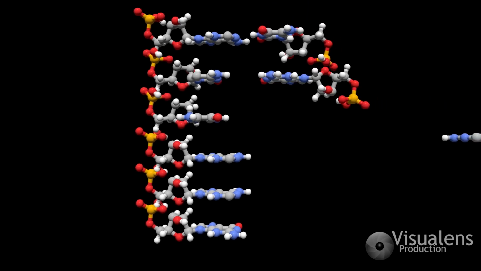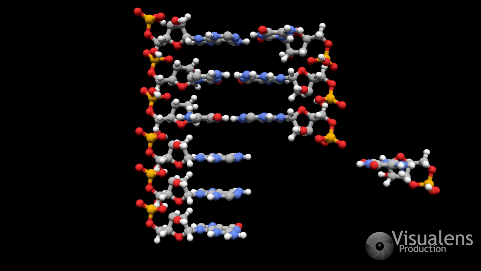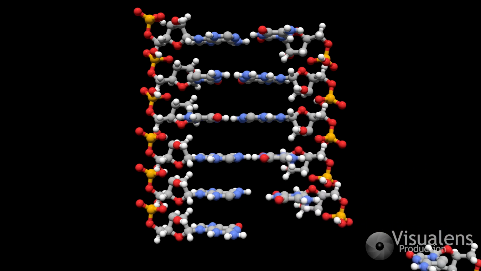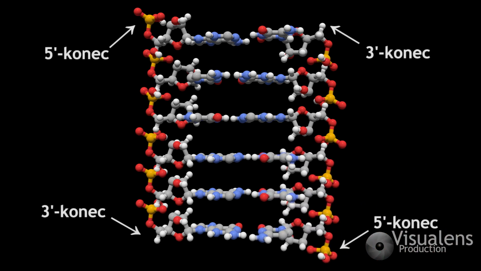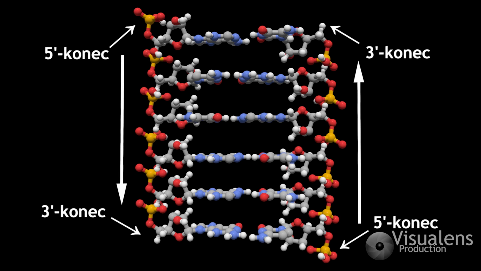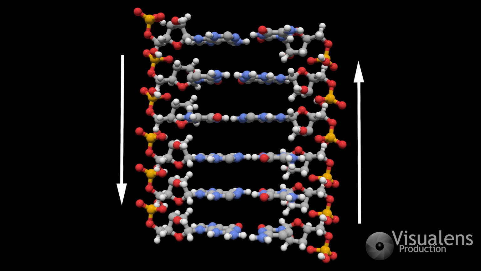The second chain is completed during replication according to the base pairing rule. The synthesis proceeds again in the direction from the 5-end to the 3-end. The strands run in the opposite directions to each other. They are anti-parallel.